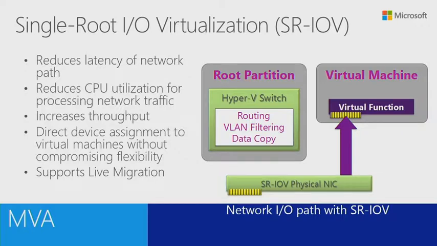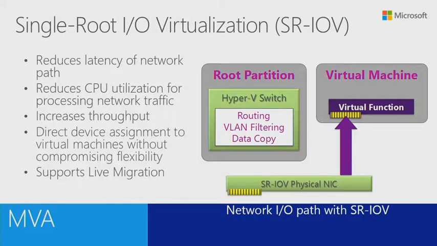So now I/O is not going through the virtual switch, and we can get native 10 gigabit line performance into a VM. This gives us massive performance, super low latency, high throughput. Also, it reduces CPU utilization, because these packets no longer need to be processed in the root partition, since it's the virtual machine communicating with the physical NIC.